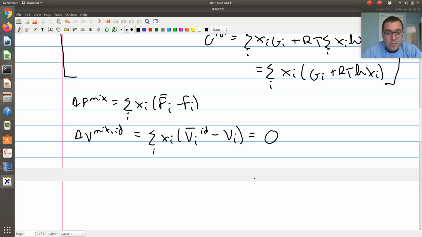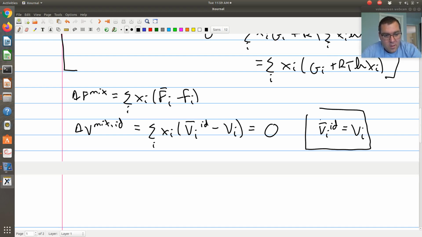So in order for these two expressions to be consistent, it must be that V bar i, my partial molar volume in an ideal solution, is just equal to Vi.